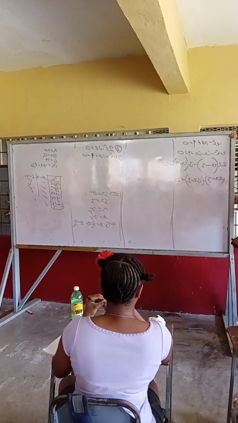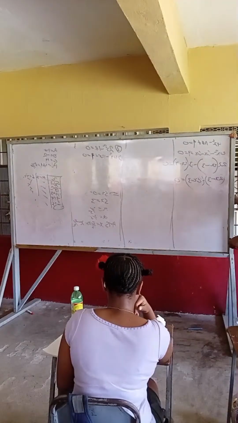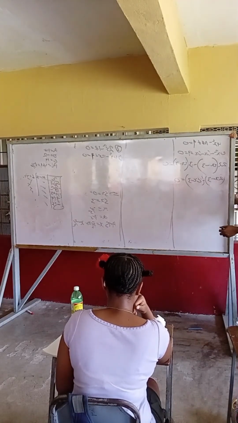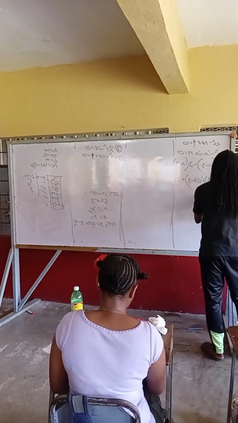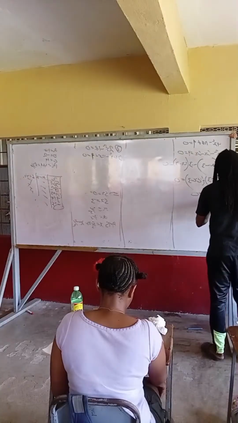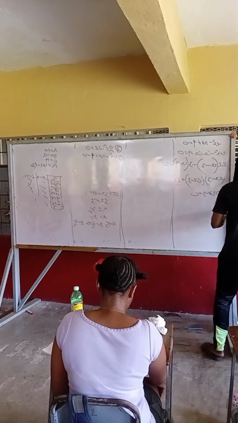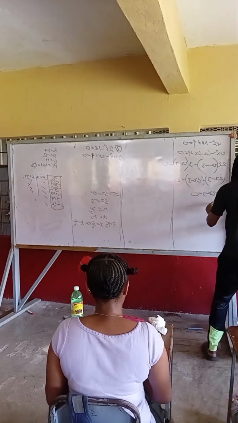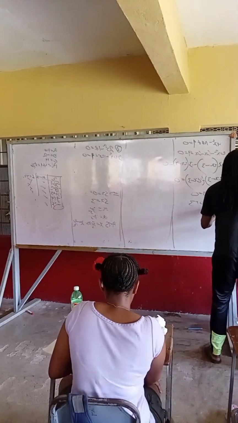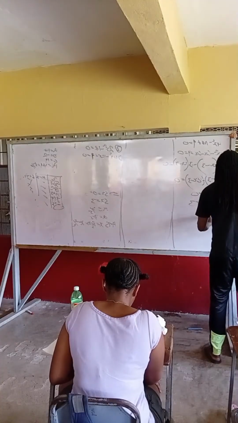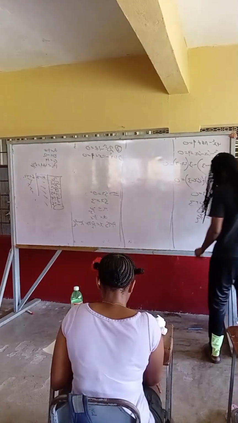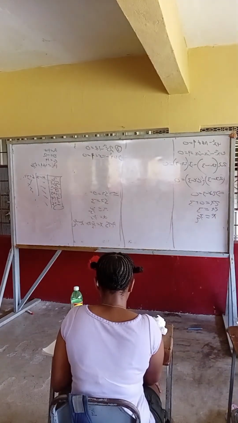That means I'm going to have to go R. If it's the same thing, it goes to the same thing, that's an R. 2x equals 0 plus 3. 2x equals 3. x equals 3 over 2, or 1.5.